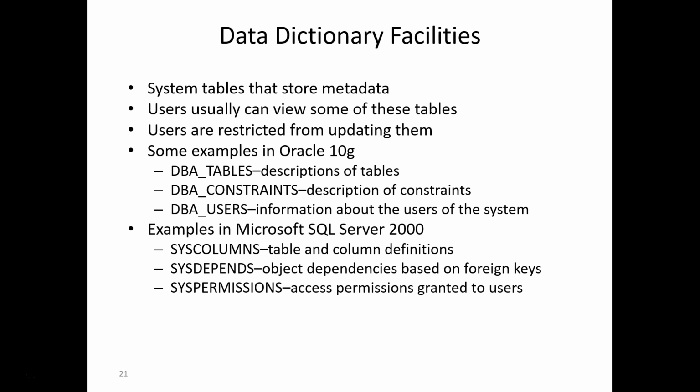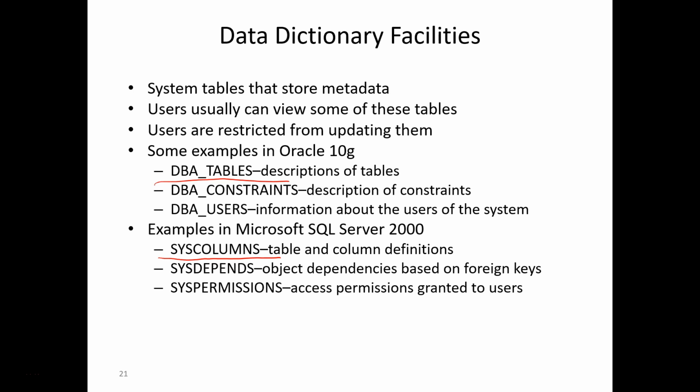For example, the system table that describes the content of the database tables in Oracle database management systems is named DBA_TABLES, whereas in the SQL Server database management system, a similar system table is named the sys.columns table. While the table names are database management system dependent, the purposes and the use of the system tables are very similar across various database management systems.